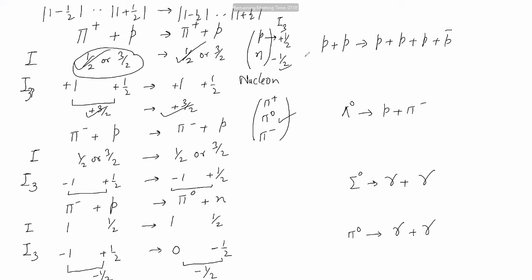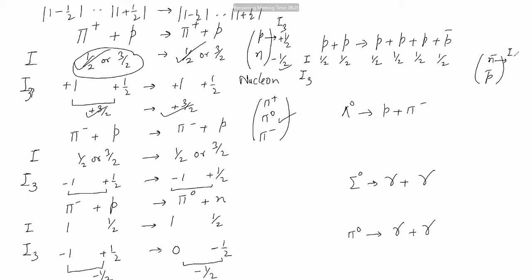Now let us talk about this example. I3. What should I write here? 1 by 2, 1 by 2, and here 1 by 2, because yes, the antiparticle, the antinucleon also forms a doublet where the highest charge sits at the top.